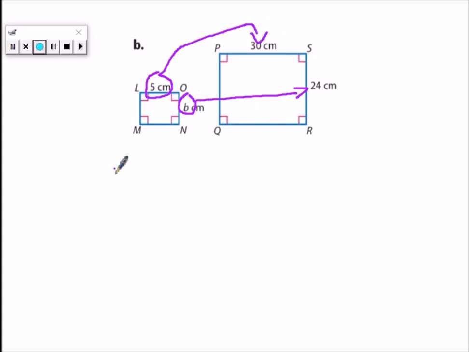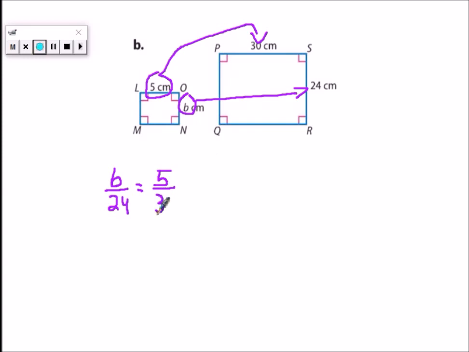I'm going to put b first over 24, and it's a proportion, and since b and 5 come from the same figure, same polygon, I make sure I line them up, and 5 over 30.